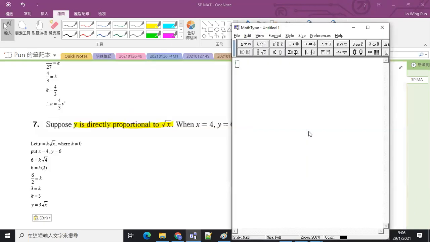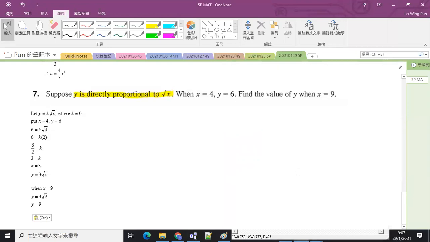So you need to write when x is equal to 9. Is it 9? Yes. And then you just use your equation. Y is equal to 3 root 9. And the right-hand side is a pure number, so you may use the calculator to help you. So 3 root 9 is equal to 9. That is the answer. It's okay?